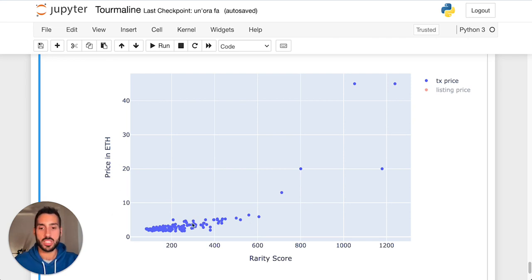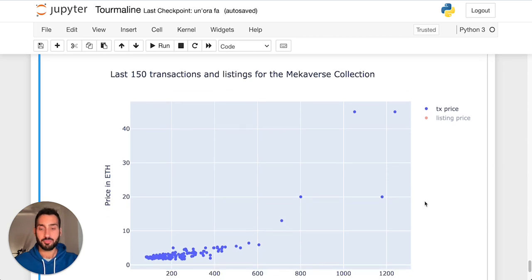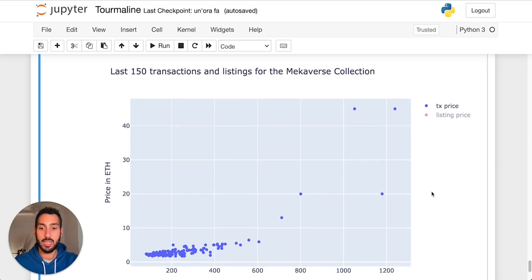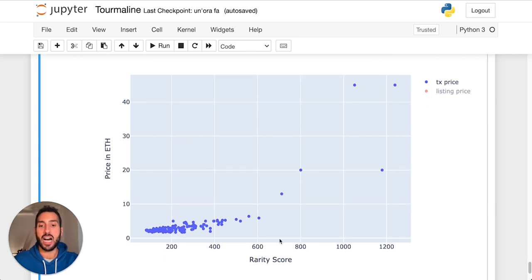And all these dots that you're seeing here represent the last 150 transactions for the Mekaverse collection. We'll talk about listings in a second, but the blue is exclusively transactions already. So basically, these are done deals already.